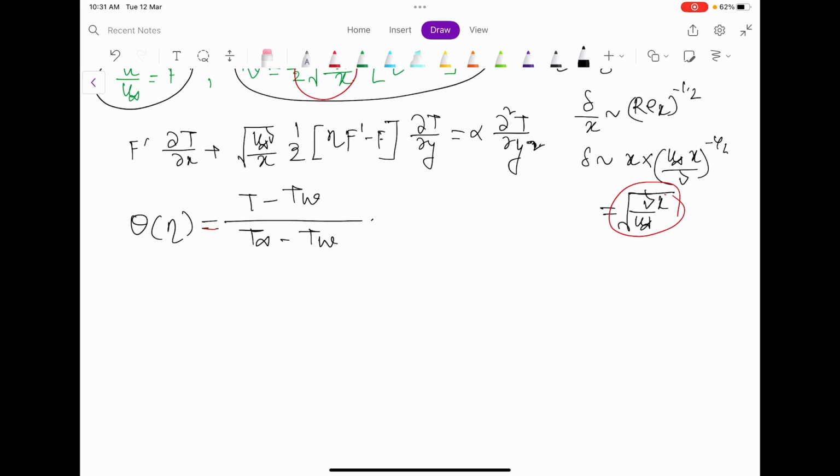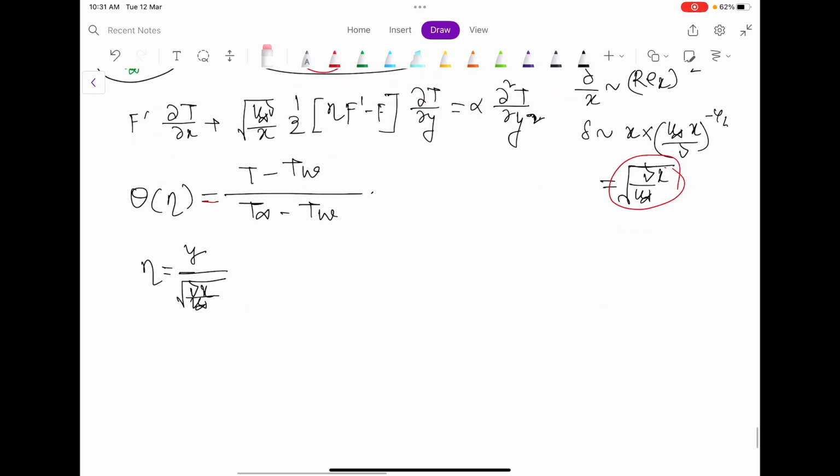Even if you don't define theta like this and only work with T, then also you will get the solution. This is just for the sake of non-dimensionalization, and we know that eta equals y by root of nu x by u infinity.